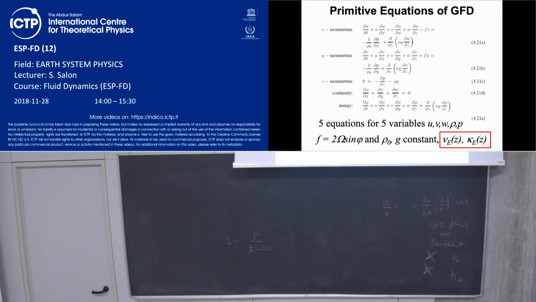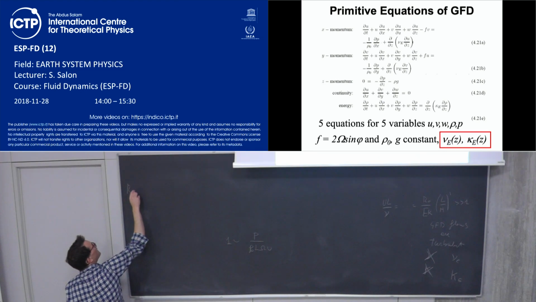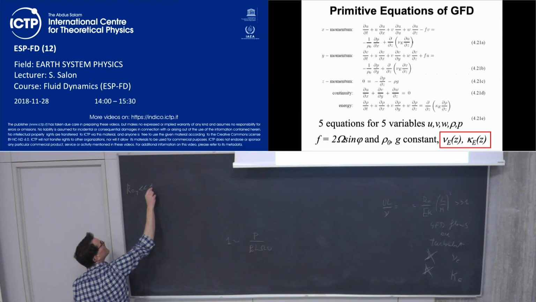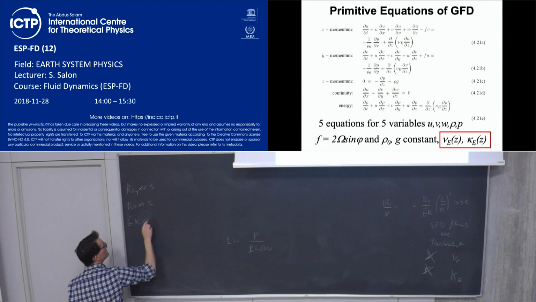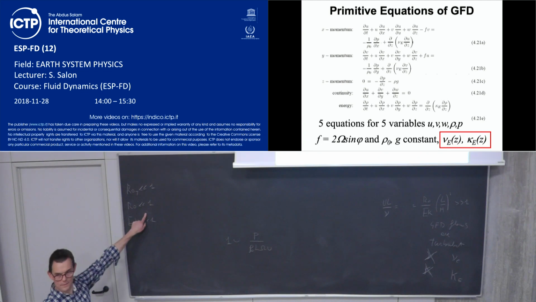So we are considering a flow where the temporal Rossby number, the Rossby number, and the Ekman number are much smaller than 1.